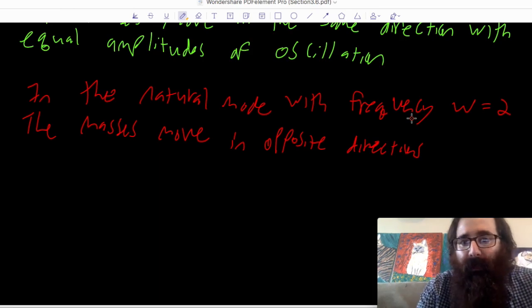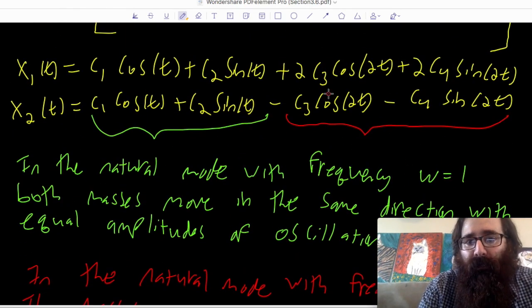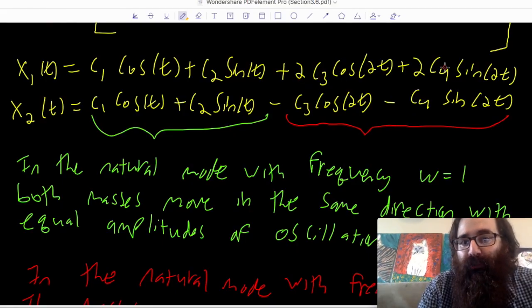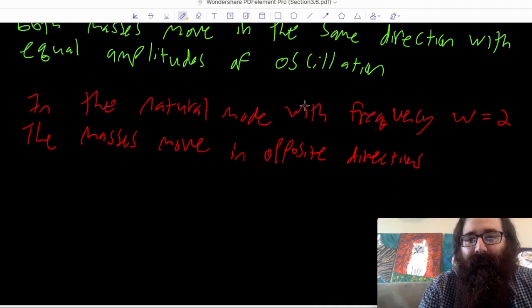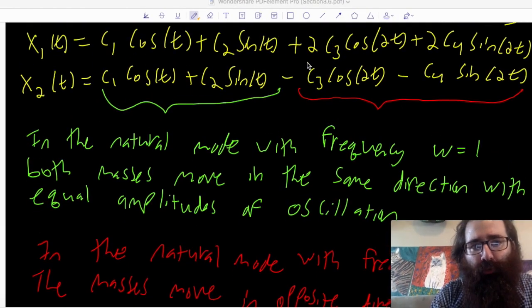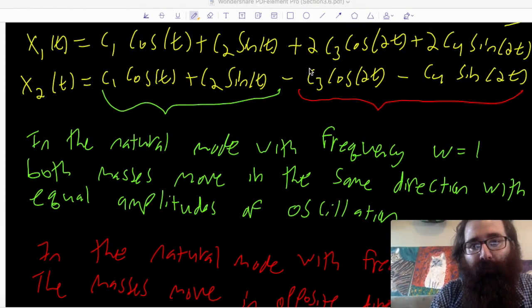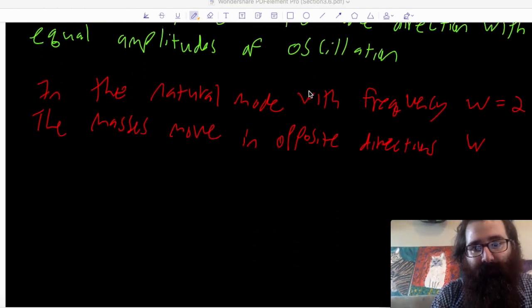But then what else can we say about amplitude? Well, generically, aside from the sign that's different, notice for mass 1, I have 2c3 and 2c4 for the amplitude, whereas for mass 2, I have c3 and c4. So think about that sort of as a ratio. What we would say is, with the amplitude of mass 1 twice that of mass 2.